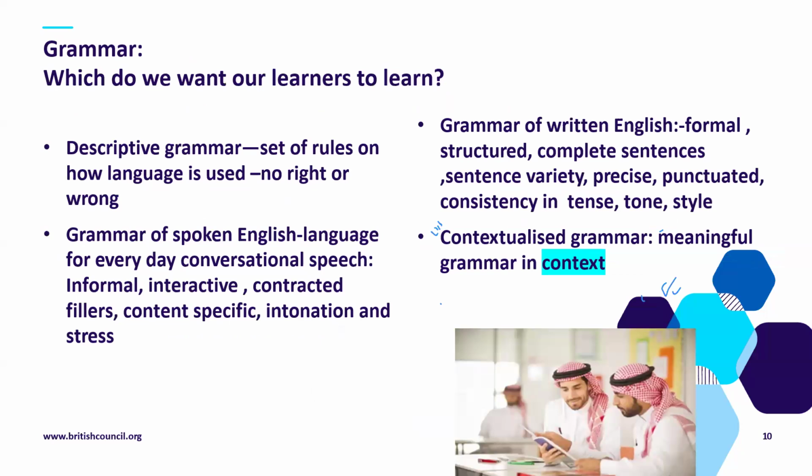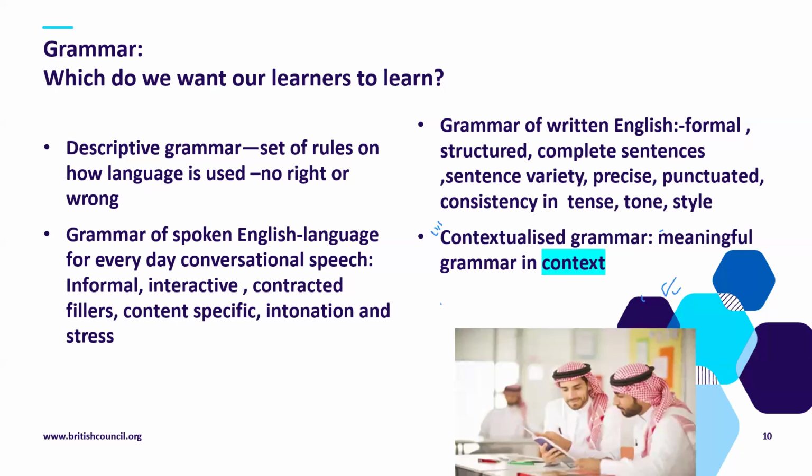Okay, so descriptive grammar simply is a set of rules on how language is used. So in this particular case, we describe the language in how we use it. So here there's no correct or wrong one. You use it for communicative purposes, and that is what the learners learn. So grammar of spoken English language is for everyday conversational speech, which in most cases is informal, very interactive, contracted, and filled up with many fillers.